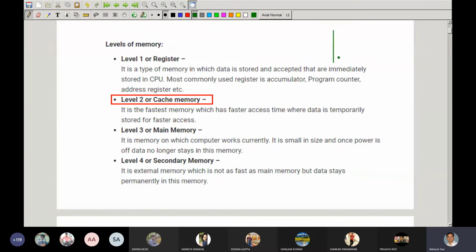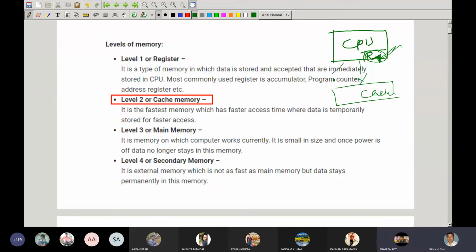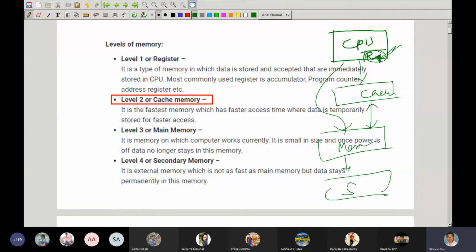If this is a CPU, within the CPU some registers are there. If data is not present in the register, it will go to the cache memory. If it is not present in the cache memory, it goes to main memory, and if not in main memory, then to secondary memory.